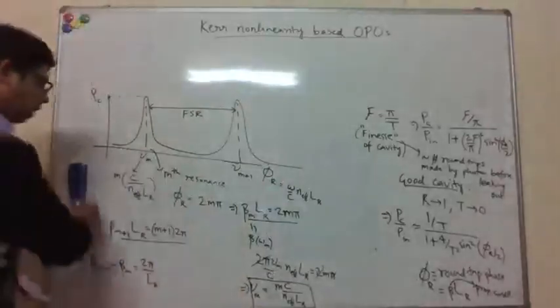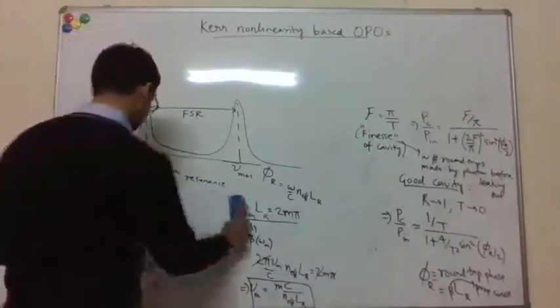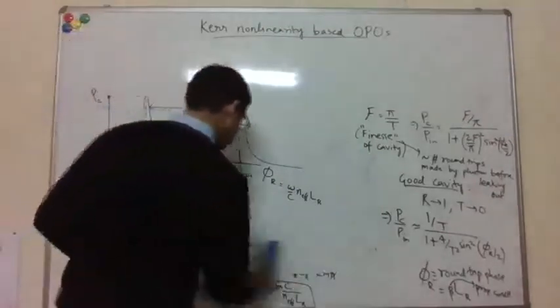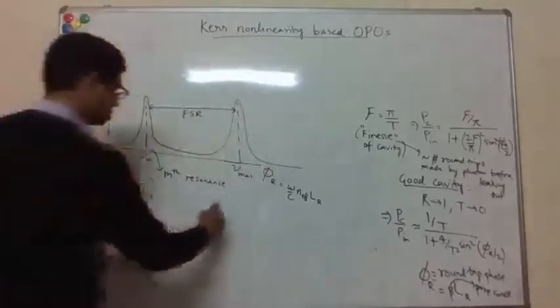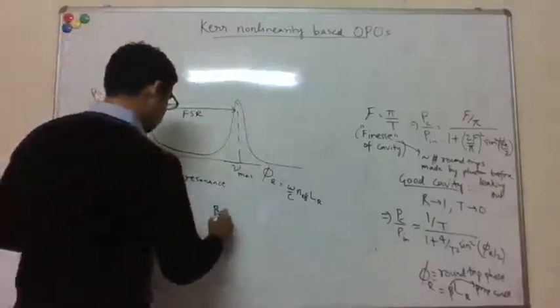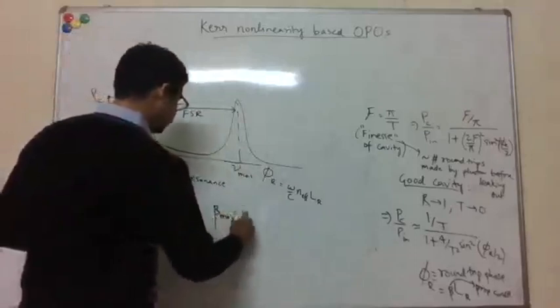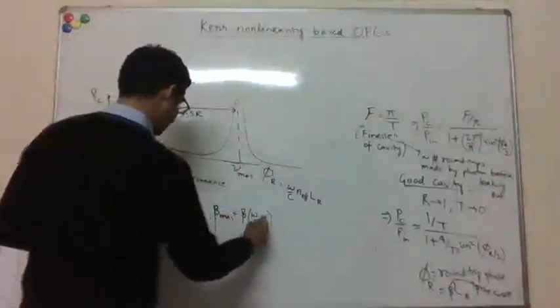So beta m plus 1 is basically beta at the frequency omega m plus 1.